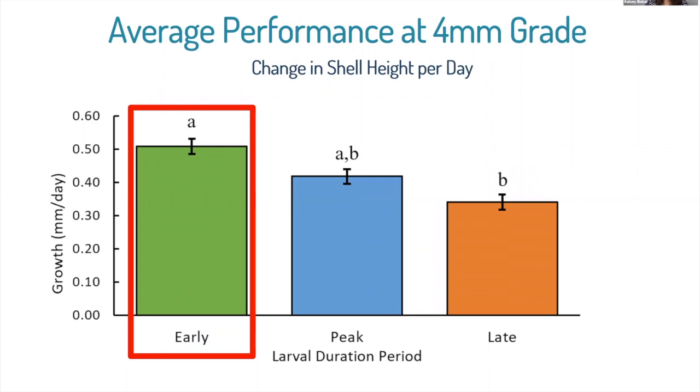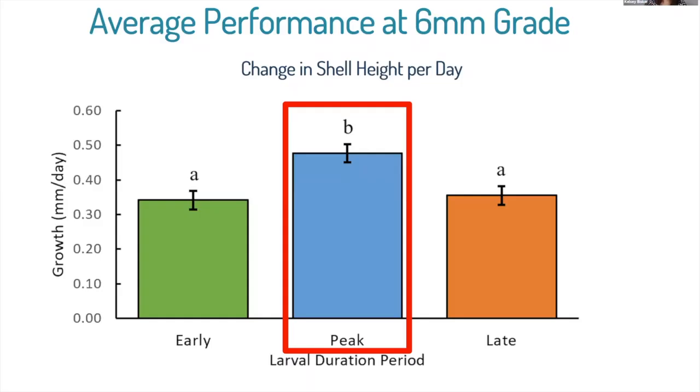And then as we continue through our procedure, the growth rate between the 2 millimeter to 4 millimeter grade, we still see that the early group has that growth advantage by being significantly faster than that late group. However, after 7 days, when the oysters retained on the 6 millimeter mesh, we see that the peak group now has the growth advantage and the early group has slowed down. So larval duration does seem to have an effect during the land-based nursery culture.